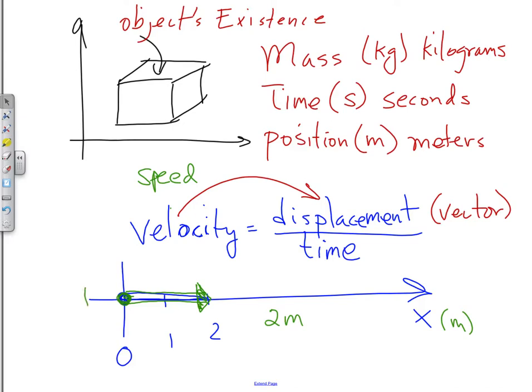If we actually went in the opposite direction, and we were to draw the same thing, this is -1, -2, the way we represent this portion, the way we would represent the red will be as -2 meters. So the negative sign just represents the opposite direction, all right?